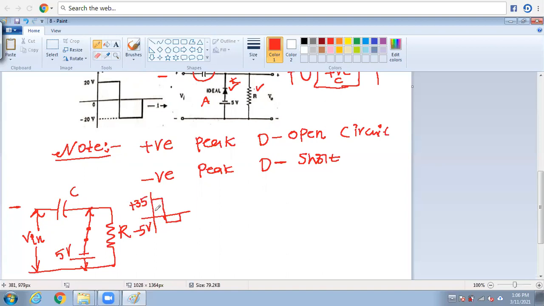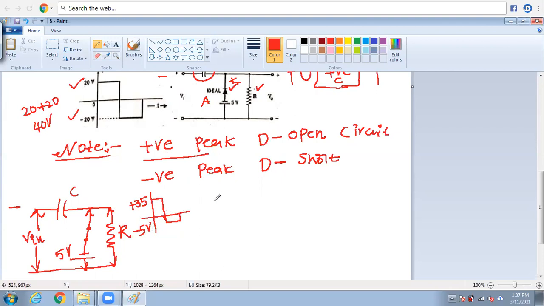Because this is the positive clamper. 35 plus 5 is 40 volts, which is the peak to peak voltage, 20 plus 20, so around 40 volts. 5 volts is maintained at the negative peak, and the remaining 35 volts is maintained at the positive peak, because the diode is open and it maintains the total voltage in this circuit.